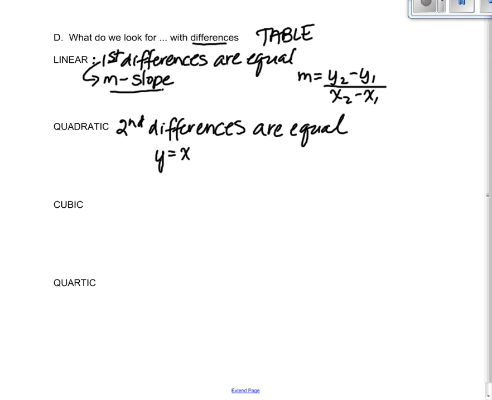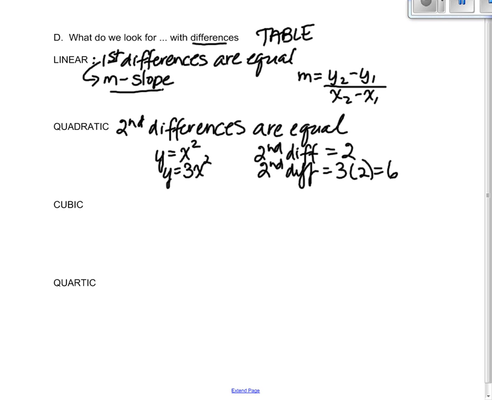For y equals x squared itself, which was our parent function in grade 11, we noticed that the second differences were 2. So if I'm looking at a slightly altered equation, say y equals 3x squared, then I would expect that my second differences would be 3 times 2, or 6.